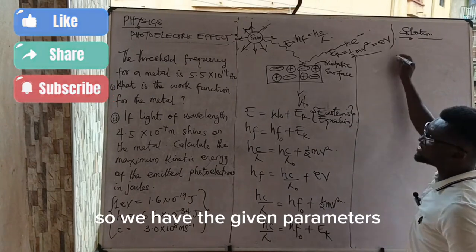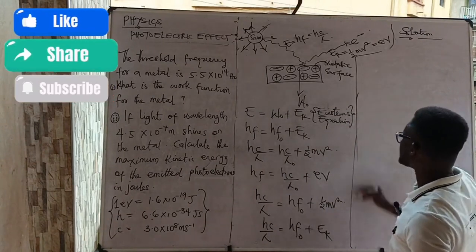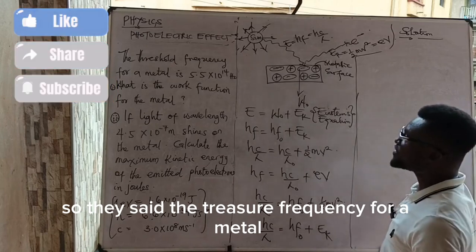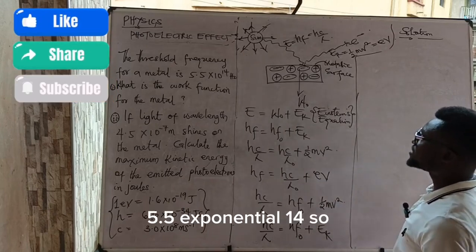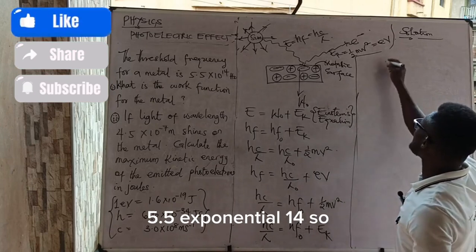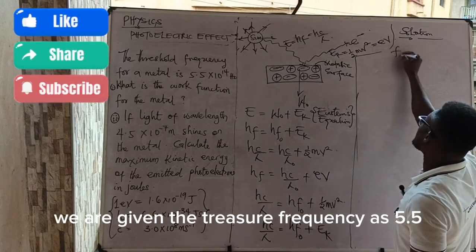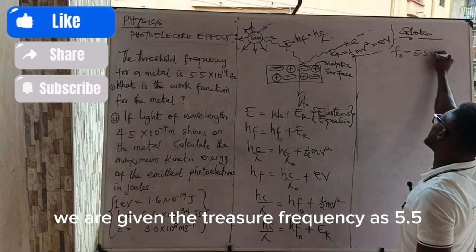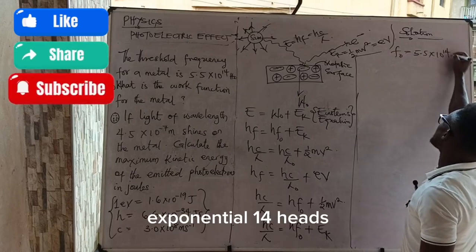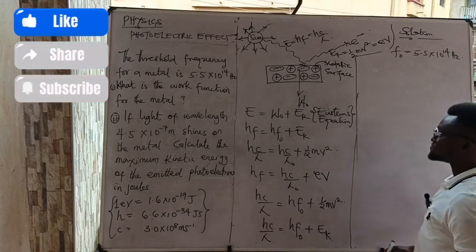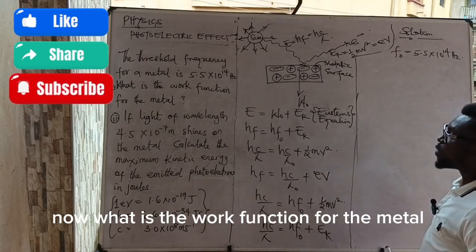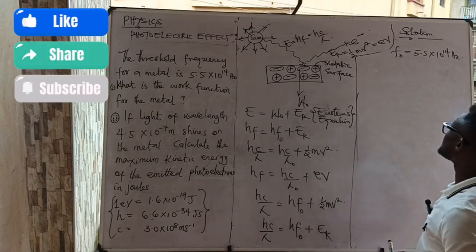So we have the given parameters. They said the threshold frequency for a metal is 5.5 × 10^14 hertz. Now, what is the work function for the metal?